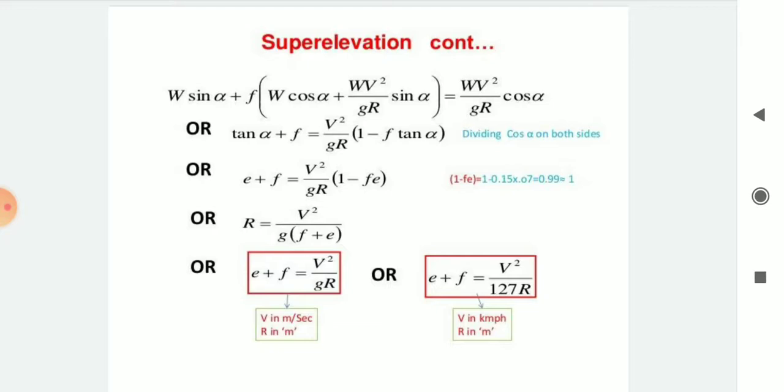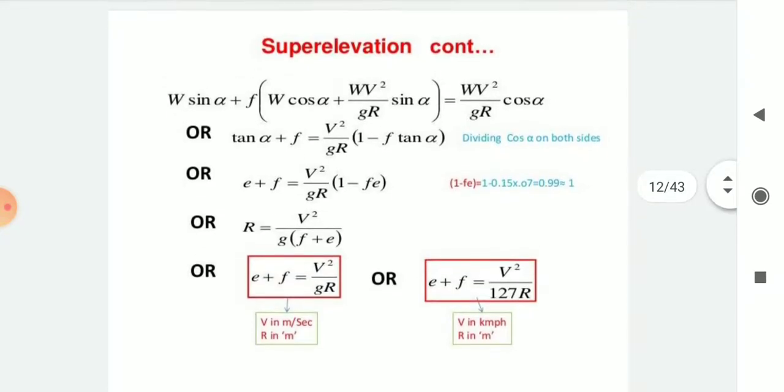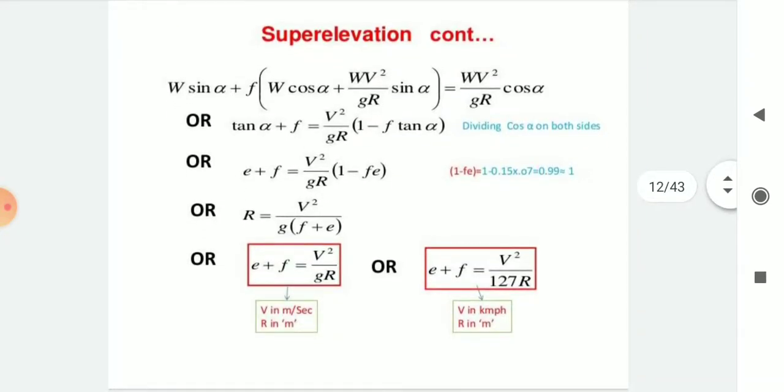So E plus F is equal to V square upon GR, or R is equal to V square upon G into bracket F plus E. So we can get E plus F is equal to V square upon GR, where V is in meter per second and R is in meter, or E plus F is equal to V square upon 127 R, where V is in kilometer per hour and R is in meter.